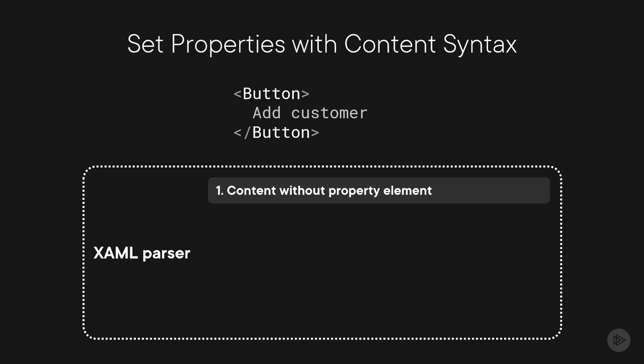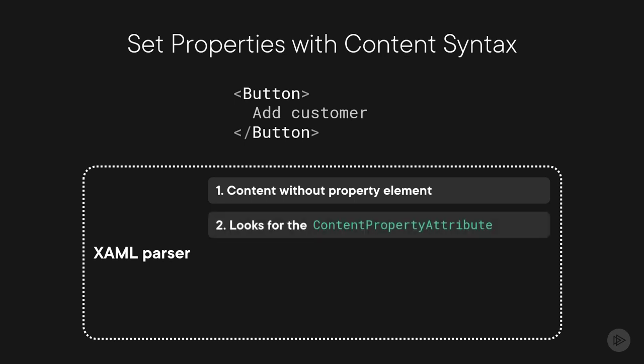The content is not assigned to a property by using a property element. This means that the SAML parser needs to find out to which property it should assign that content. To do this, the SAML parser looks for the content property attribute. In our sample here, it looks for that attribute on the button class, as the button element contains the content.